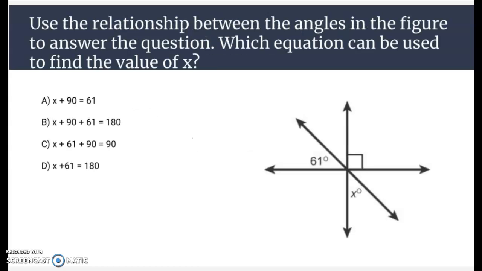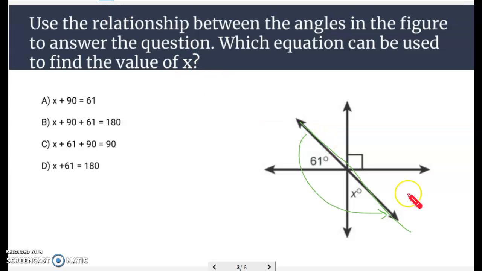Let's look at another one. In this image here, we have several intersecting lines. Make 90 degrees here, but really we just need to focus on this right here. And we're looking at sort of all three of these angles here.